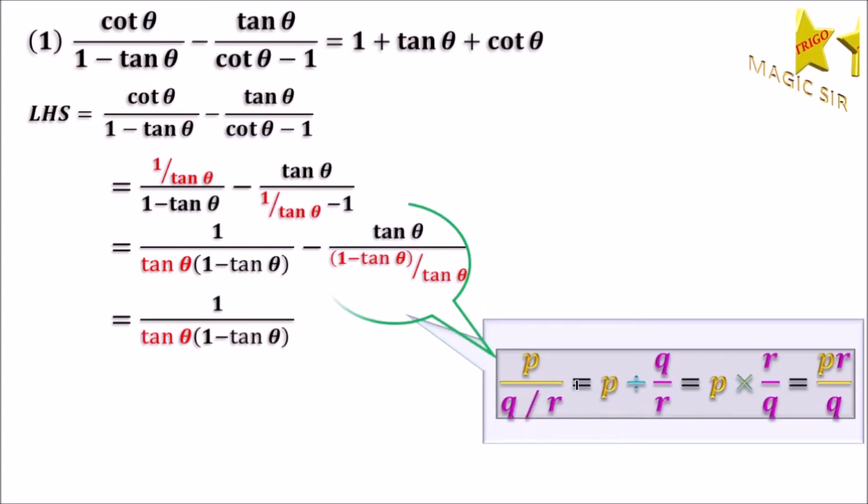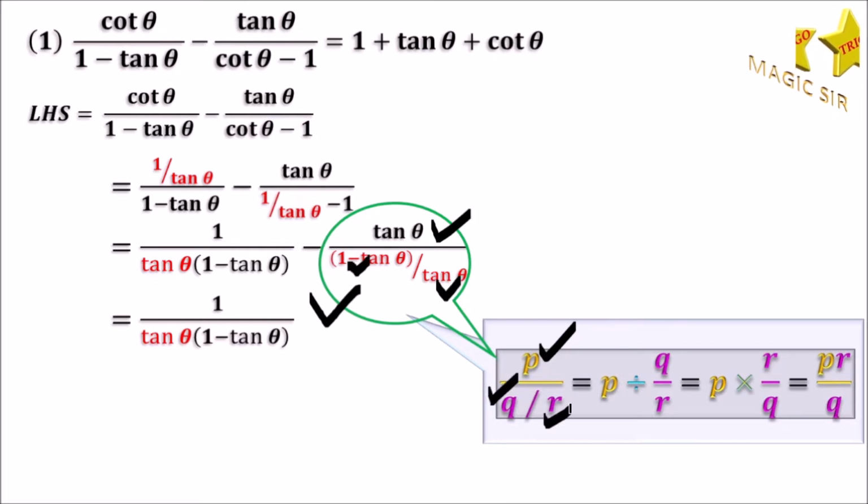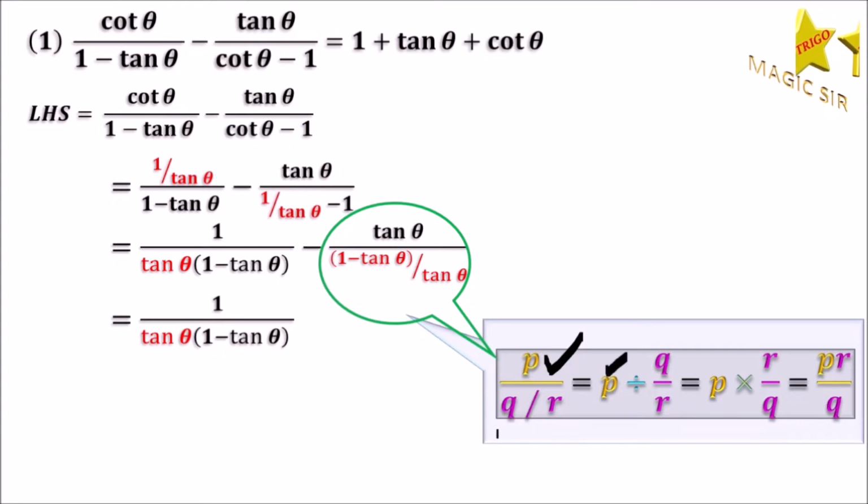How can we simplify the second fraction? Look at the speech bubbles. Suppose we take tan theta is equal to p, 1 minus tan theta is equal to q, and tan theta is equal to r. Then our second fraction is p divided by q upon r.